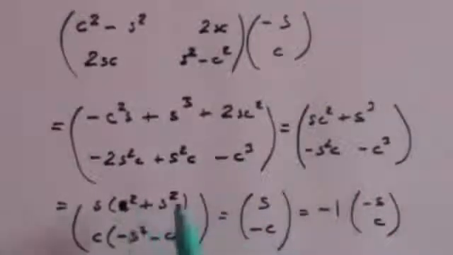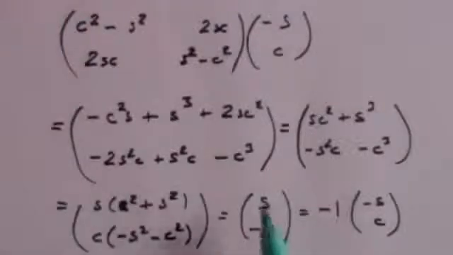And that, since cosine squared plus sine squared is 1, just gives you sine. And minus sine squared minus cosine squared is -1, so that gives you minus cosine. And if you multiply top and bottom by -1 and take that outside, you get minus sine and cosine, and -1 has become the eigenvalue.